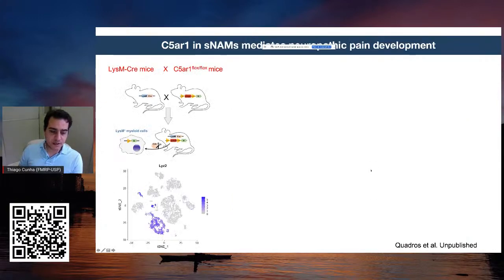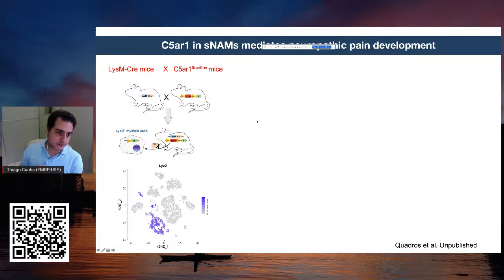So in an attempt to confirm that the phenotype in the full knockouts of C5a receptor is due to a mechanism occurring in the DRG macrophages, we produced conditional animals in which we knock out C5a receptor only in myeloid cells using the LysM-Cre animal, which we know here is expressed by these macrophages in the DRG.